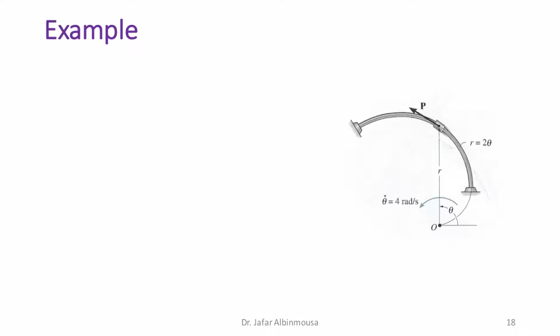Now moving to the acceleration, a r is equal to r double dot minus r theta dot square, and I hope you remember the values from the previous slide. This is 0 minus pi by 4 square, so we are going to get minus 50.24 meters per second square.